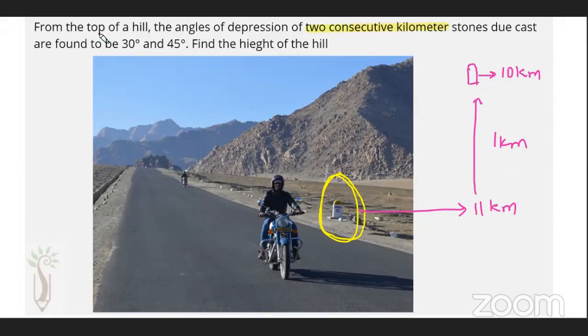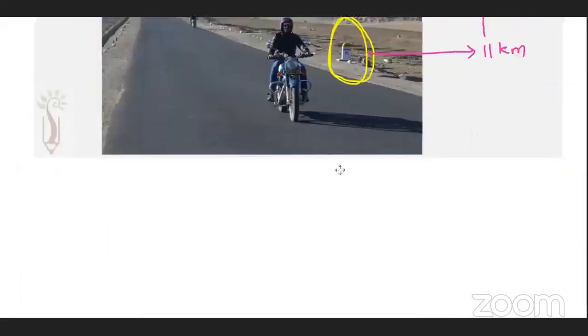Now they are saying from the top of a hill, the angle of depression of these two consecutive stones, due east, are found to be 30 and 45. Due east means the stones are closer to the hill. So let me draw it. Let's say this is my hill.